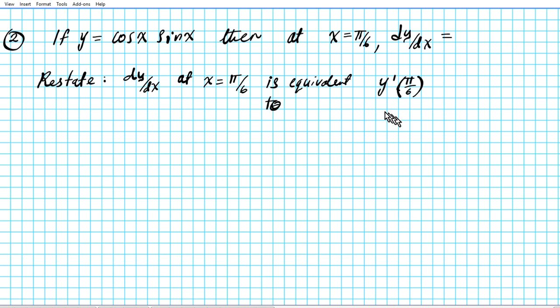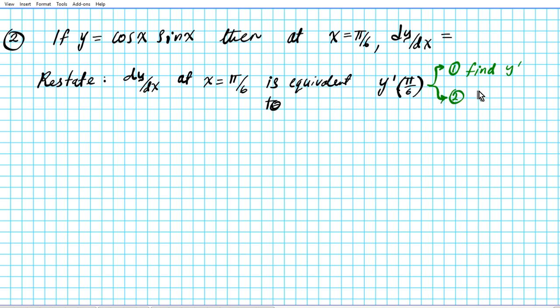Now, anytime you're looking for the derivative at a point, it's a two-in-one problem. So let's break it up into the two parts so we don't get them confused. Whenever you're looking for the derivative at a point, the first part is the calculus step. Part 1 is to find the derivative, dy/dx or y'. And then step 2 is the algebraic process, which involves evaluation.